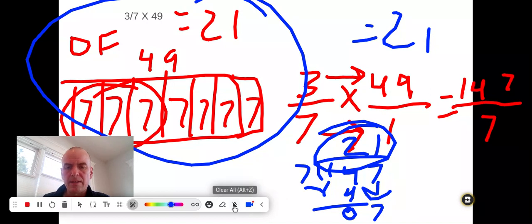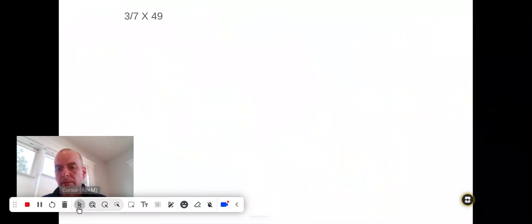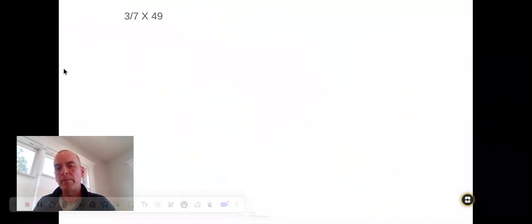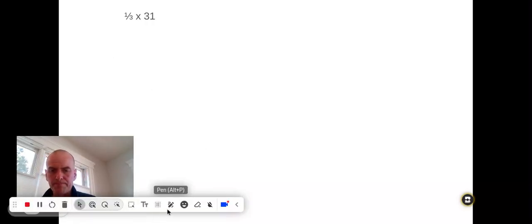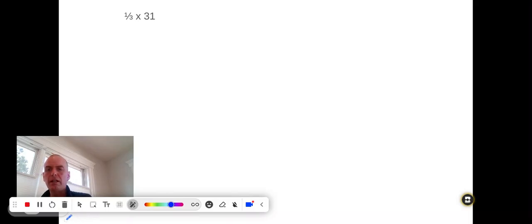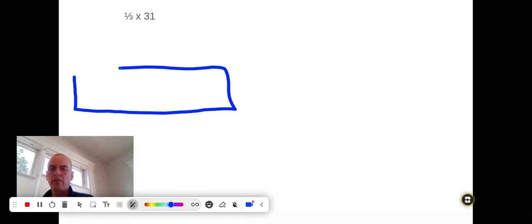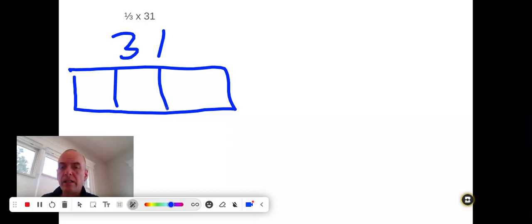And the reason is sometimes the whole number doesn't go into the denominator. You can't make equal groups. So let me give you an example of that. 1/3 times 31. Now, if we try to do 1/3 times 31, okay, how many can go in each group?